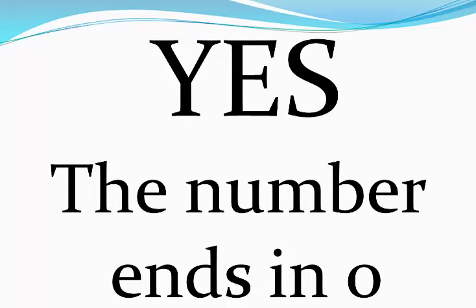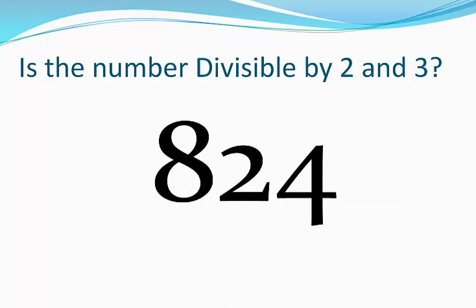Is this number divisible by 2 and 3? It is divisible by 2 because it ends with a 4. What about 3? Well, add the digits. 8 plus 2 is 10, plus 4 is 14. Is 14 divisible by 3?